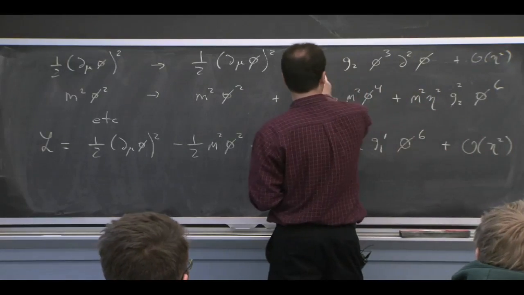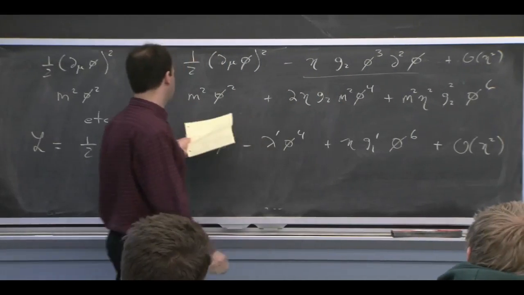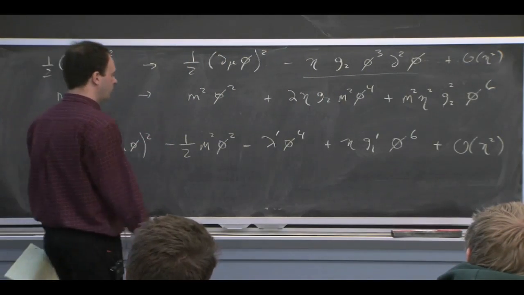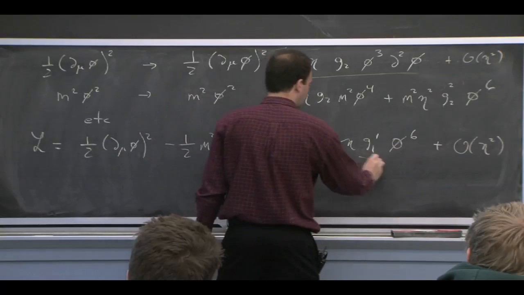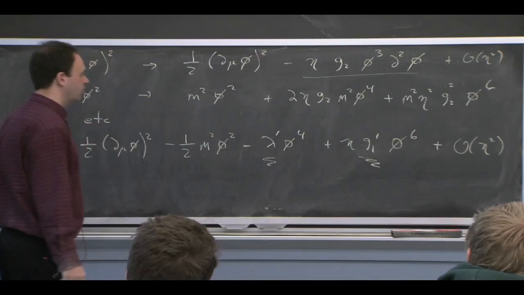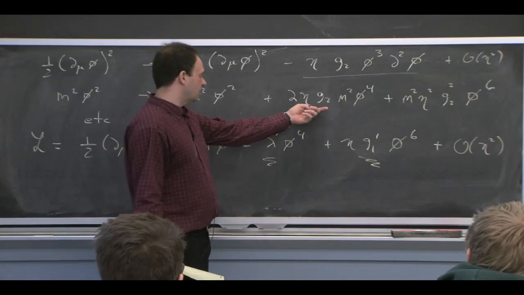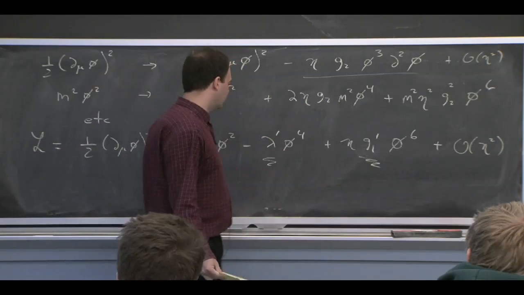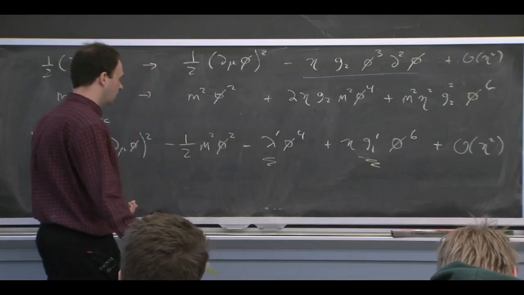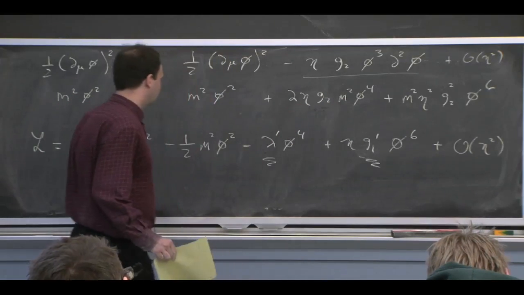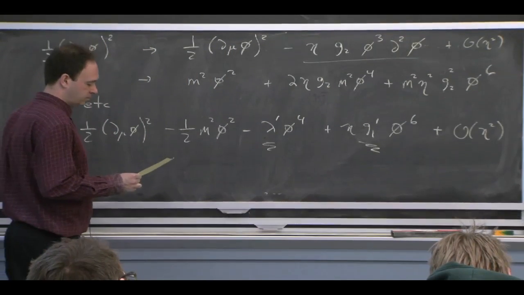It got canceled by this guy. There are also these other things that are induced. But really what that does is it gives you more terms that are phi 4 and more terms that are phi 6. So you can think of this term as just adjusting the coefficient of the phi 4 term. It's no longer lambda, it becomes a term that has this extra piece to it.